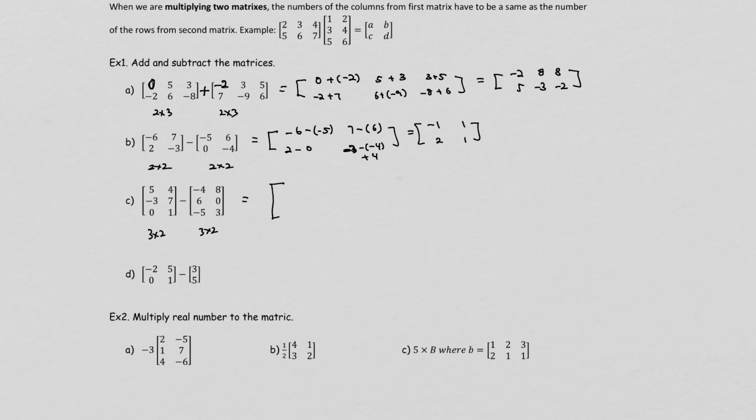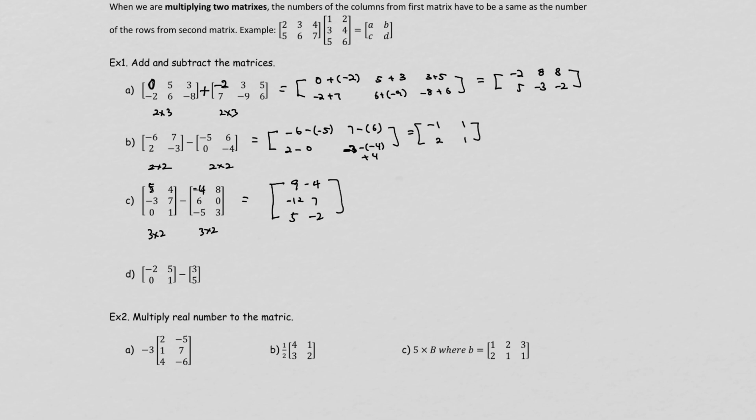When you do 5 minus negative 4, that will give you 9. 4 minus 8 is negative 4. Negative 3 minus 6, negative 12. 7 minus 0 is 7. 0 minus negative 5 is adding, so it will be positive 5. 1 minus 3 will be negative 2. So that should be your matrix.